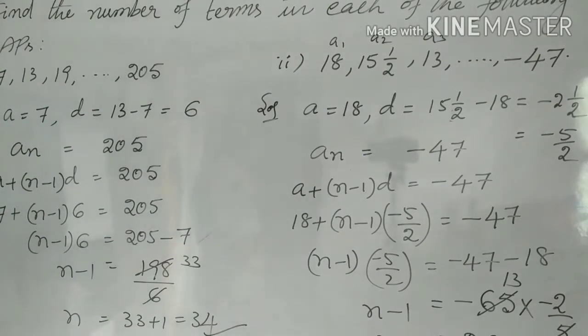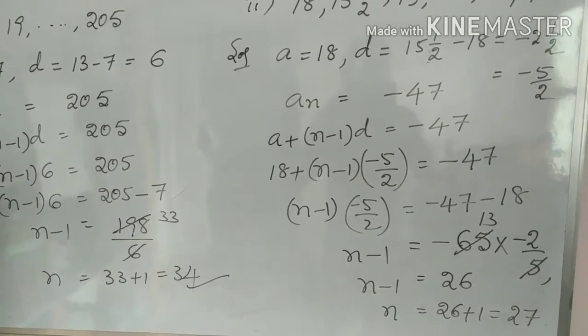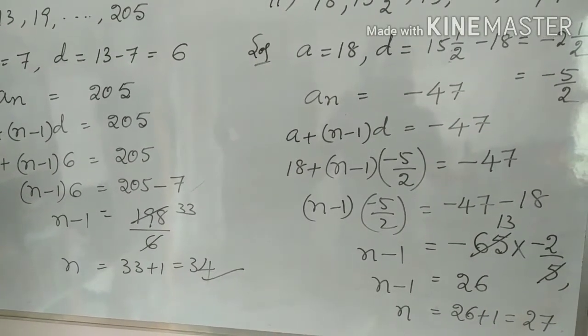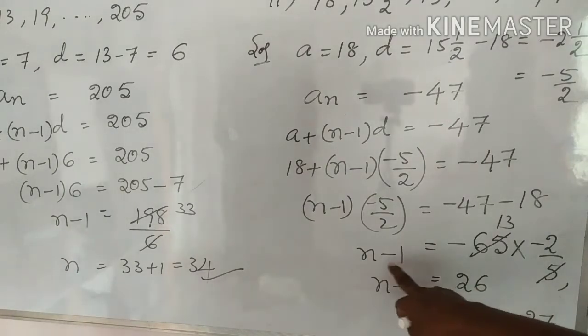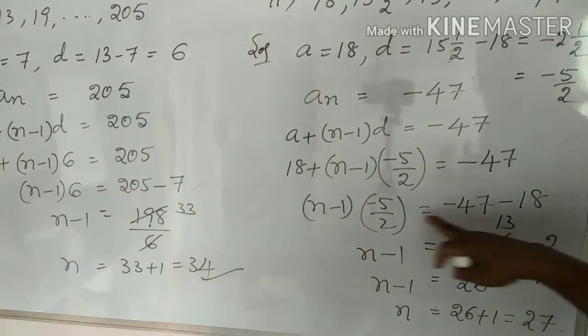That's all. Please make a note. Okay. N minus 1 is equal to minus 65 into the reciprocal of this one.